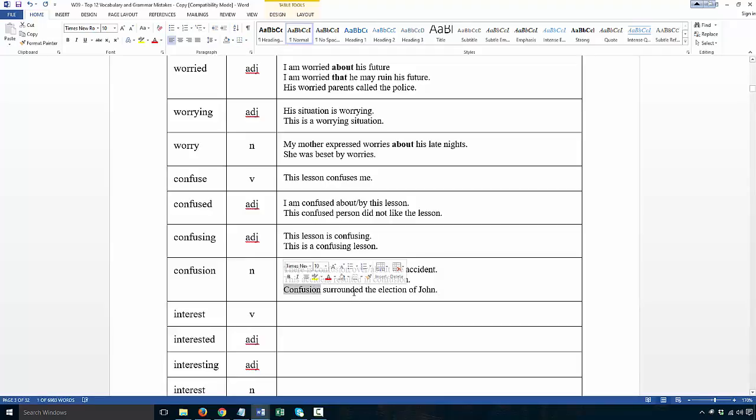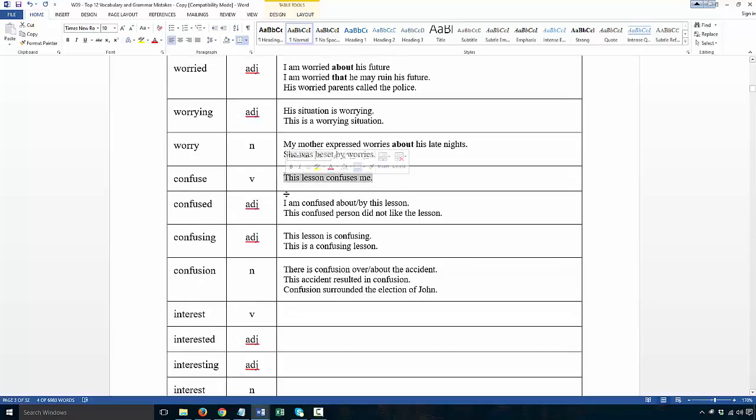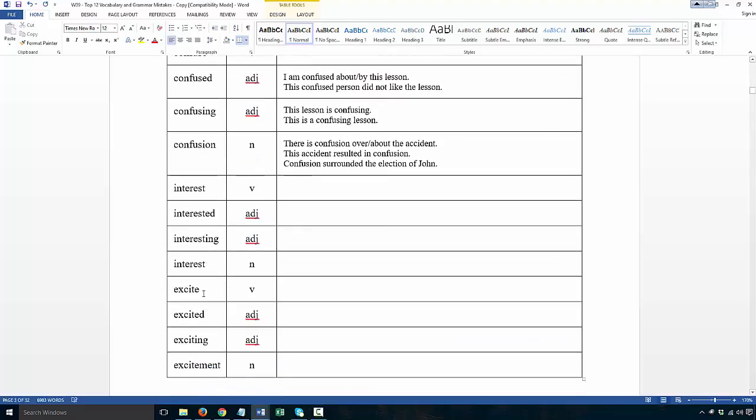This is how you use confusion as more of an object after the be verb or after result in. Okay, this is confuse. Something confuses someone. As I said, this way of using it is going to be the same way you use interest something, interest someone. It's going to be the same way you use excite something, excite someone.